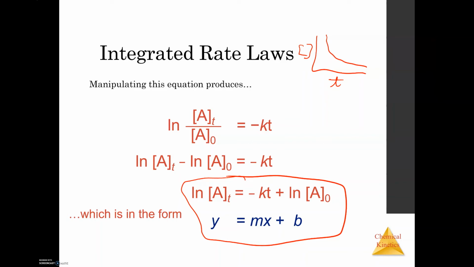So the graph would be observed like this initially. But if we graphed the natural log of A versus time, what we would see is a straight line. We can figure out the slope of a straight line a whole lot easier than the slope of a curved line, or in this case, a curve.